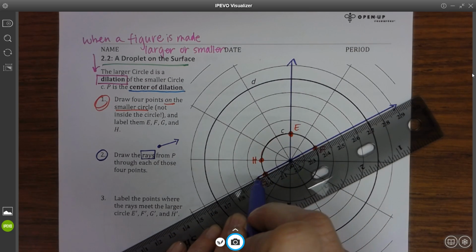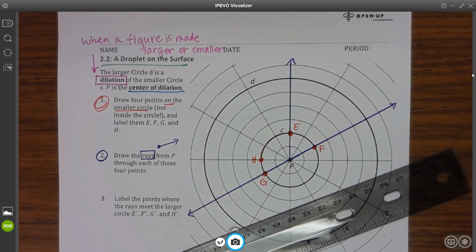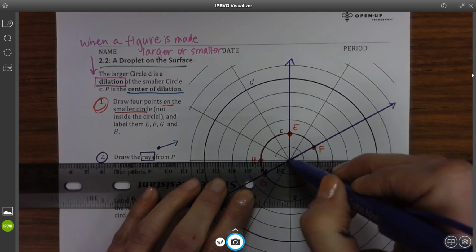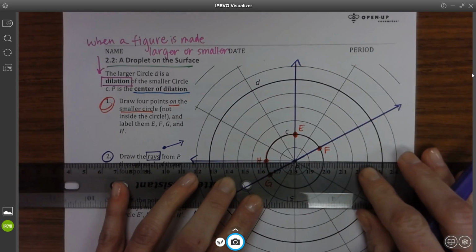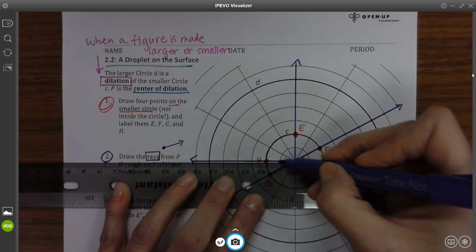So I'm going from the center through my point. And then H, through center P and the point. Make that a little darker.